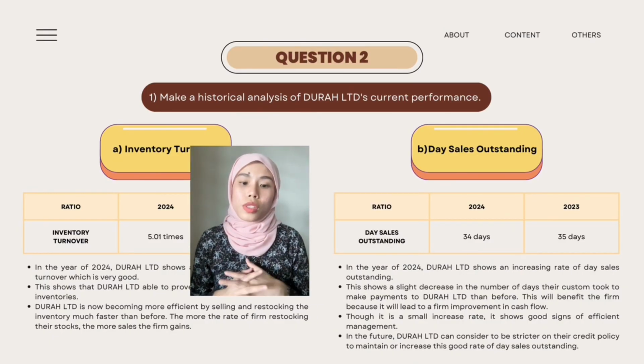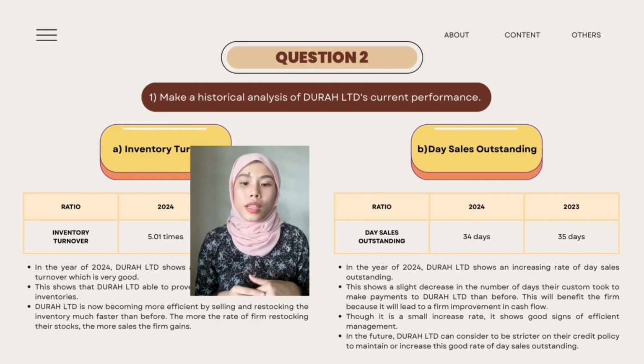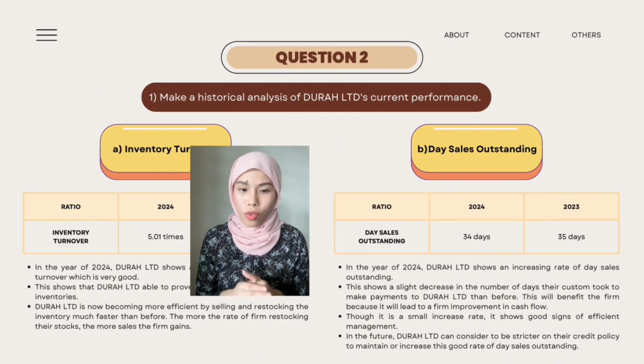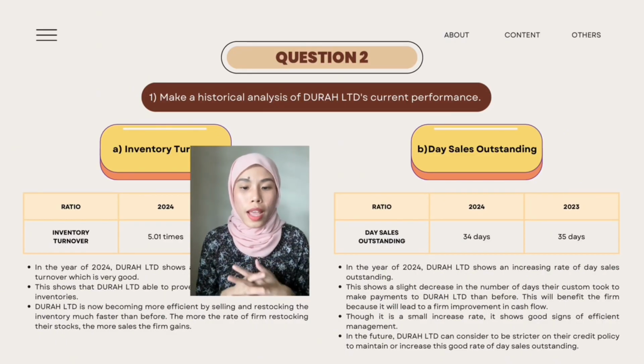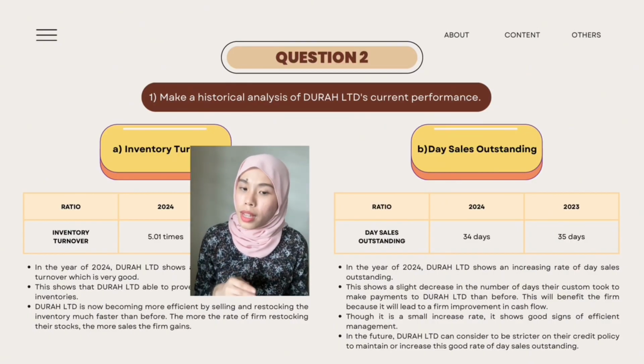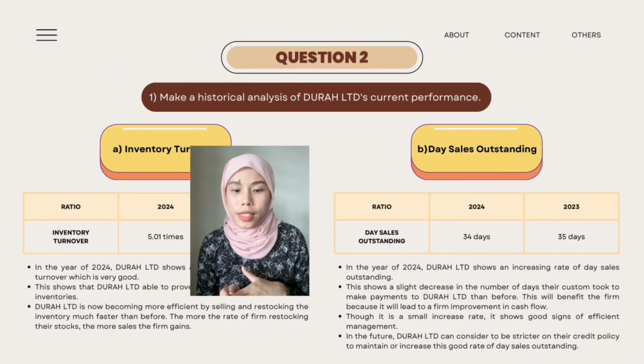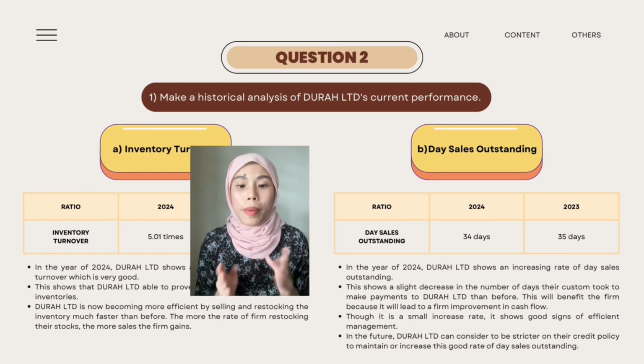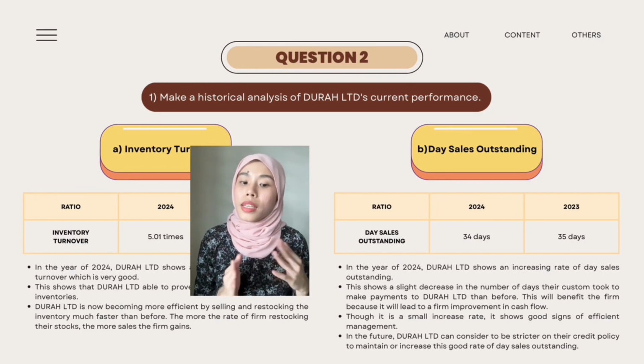In the year of 2023, Dura Ltd took 35 days to collect their money from the customer compared to the year of 2024. Dura Ltd managed to collect their payments within 34 days only. This shows a slight decrease in the number of days their customer took to make payment to Dura Ltd than the year before.